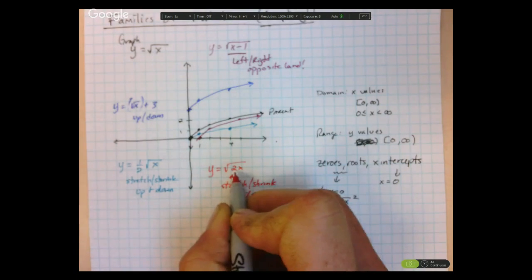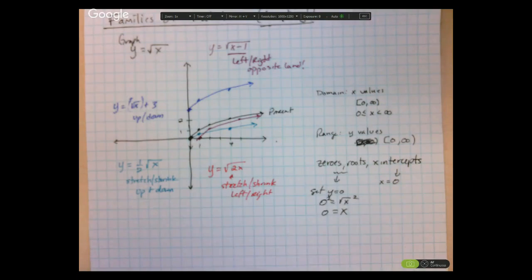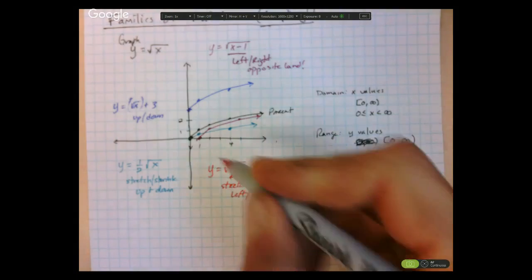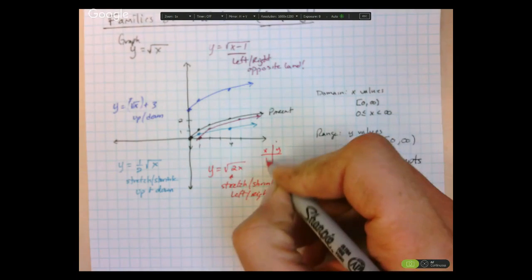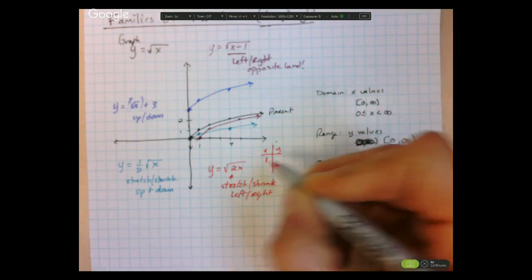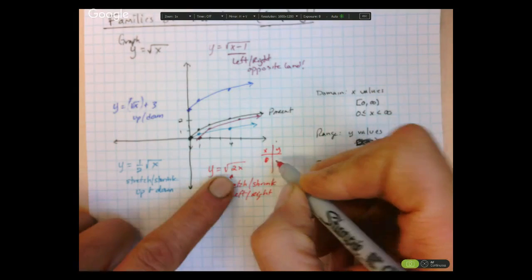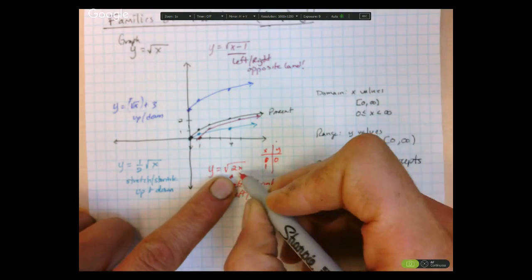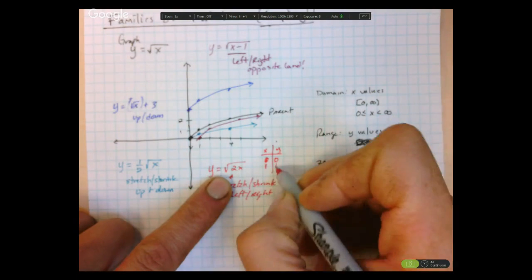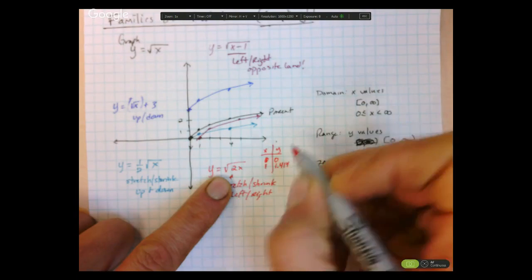Notice it's paired with the x inside the root. Okay. So if I pick an x value, let's do a table. Well, let's do 0. Again, the output's going to be 0, but if I choose 1, 2 times 1 is 2, the square root of 2 is 1.414. Okay.